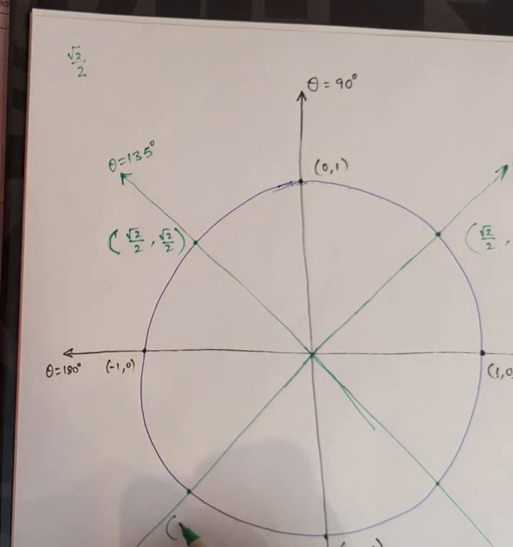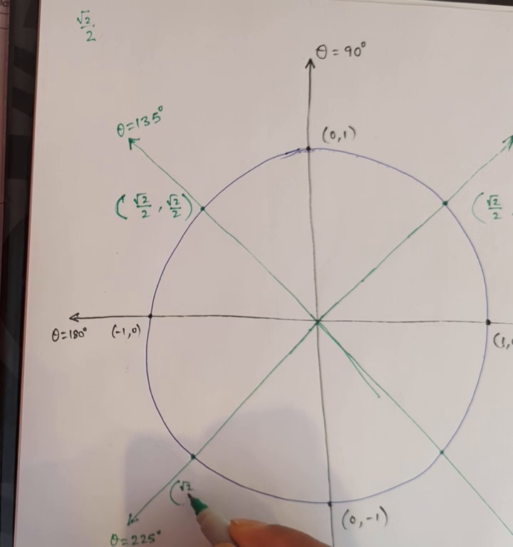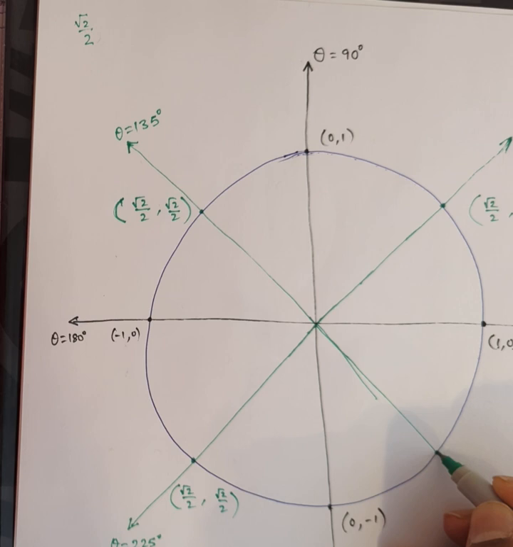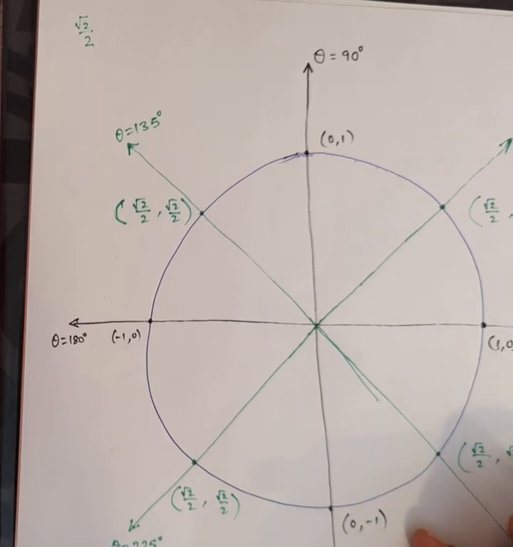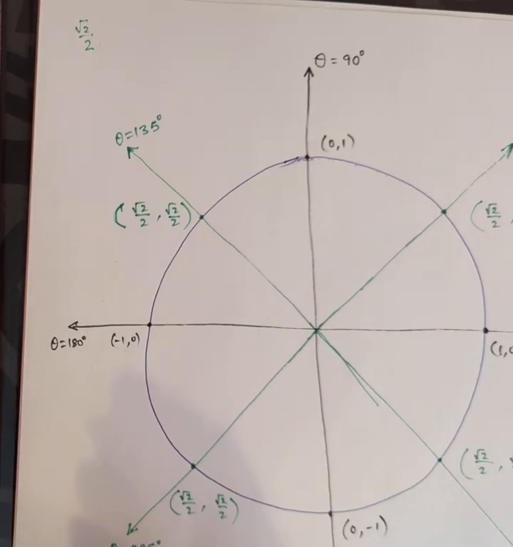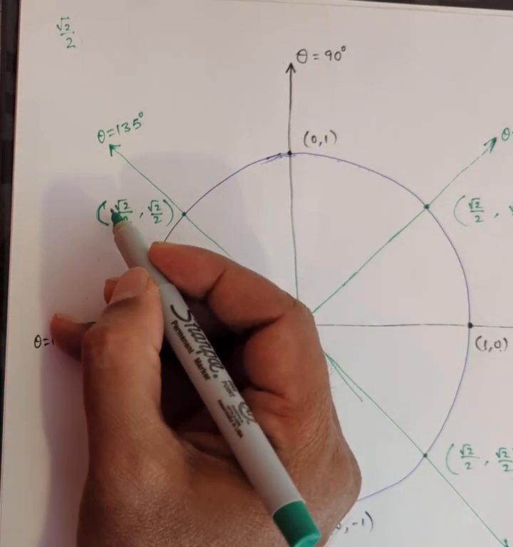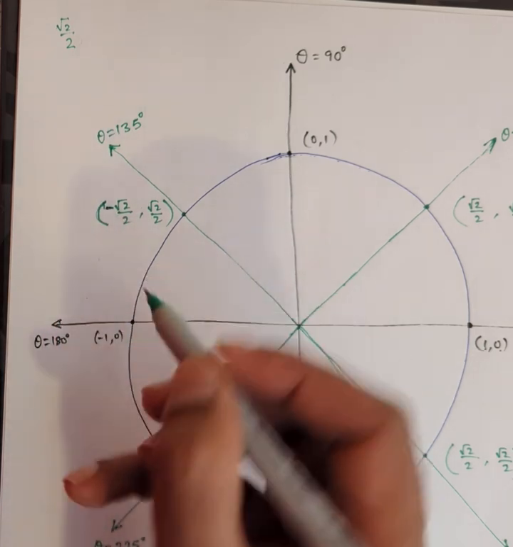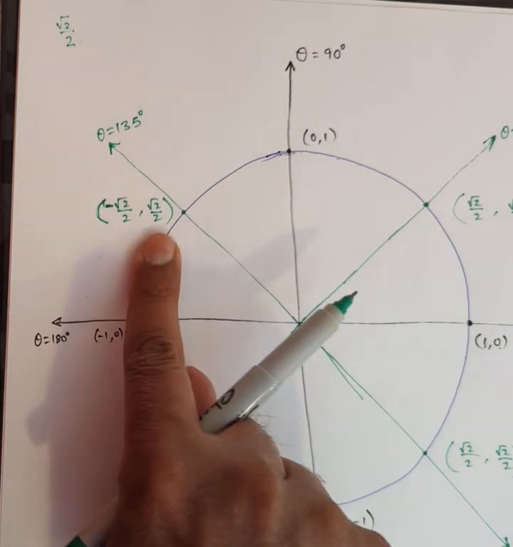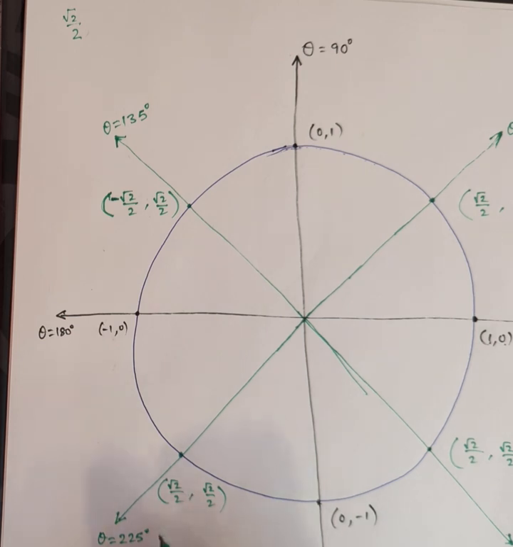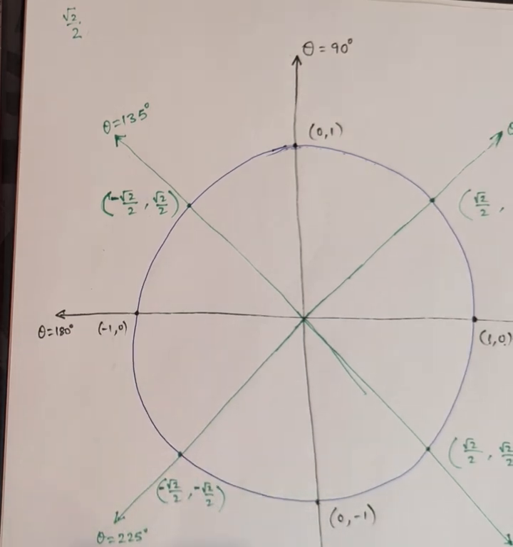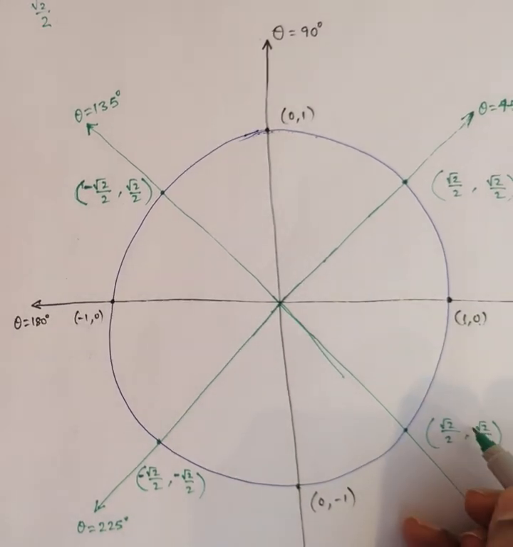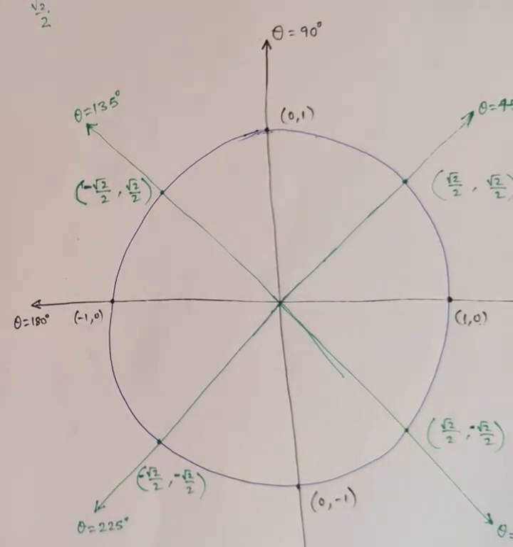So this is root 2 over 2, root 2 over 2, and that point also has root 2 over 2, root 2 over 2. So these are the magnitudes, and I know in the second quadrant x has to be negative, but y is positive. So that makes these 2 points have different coordinates. In the third, they both are negative. So negative root 2 over 2, negative root 2 over 2. In the fourth quadrant, you have just that.